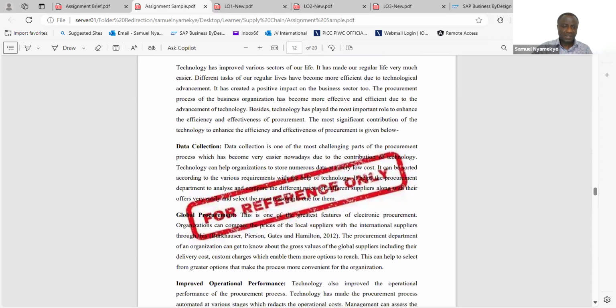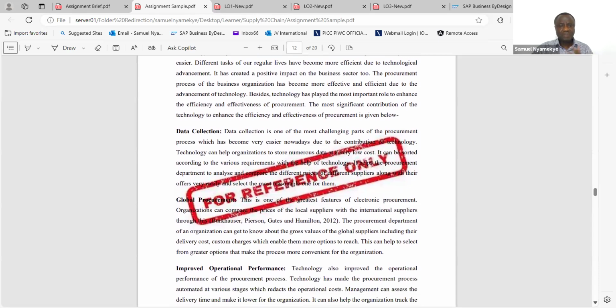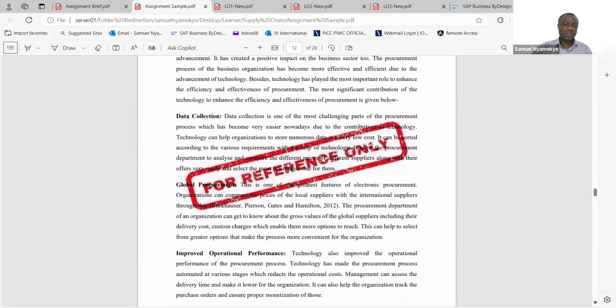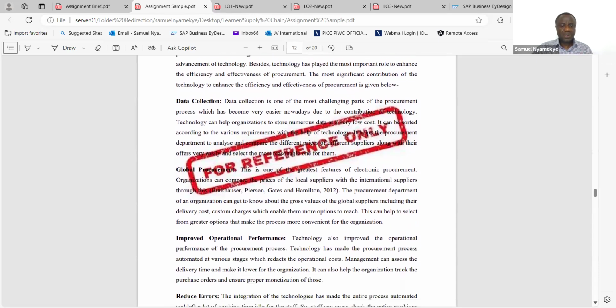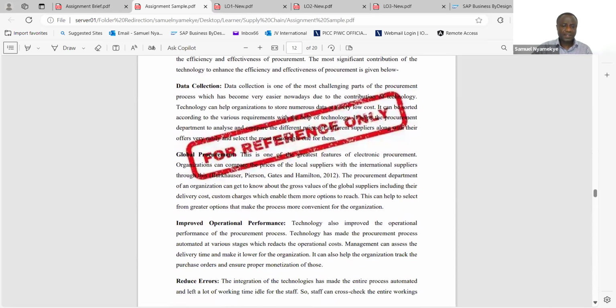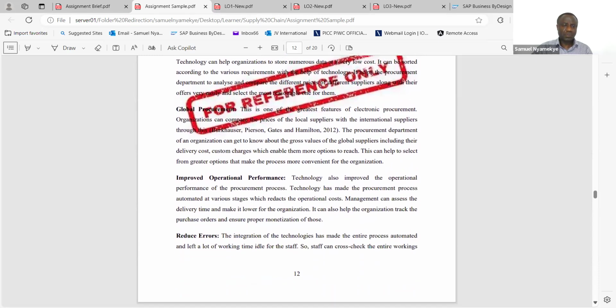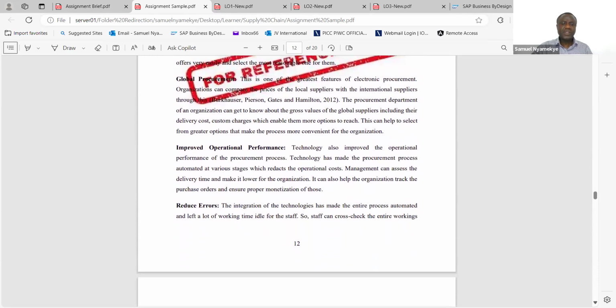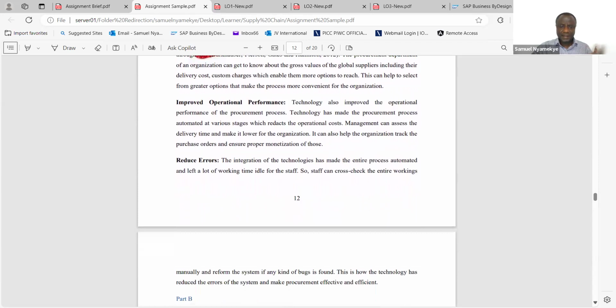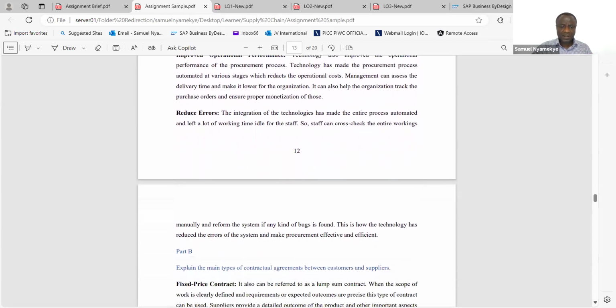Technology, we've mentioned it. So you look at the benefits of technology when it comes to procurement processes and procedures. What it does, the improvement and the error reduction and all that you mentioned.